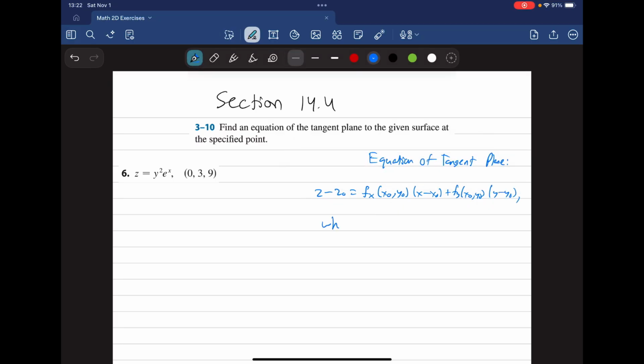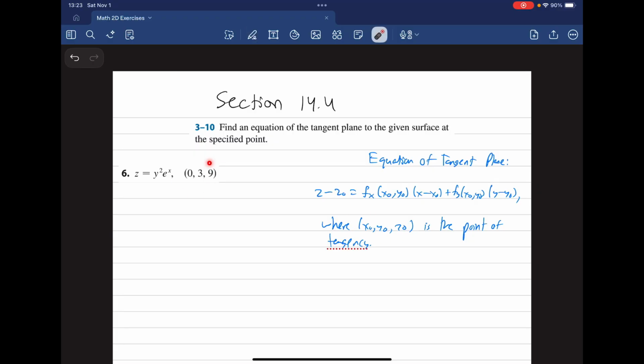And here, the point x naught y naught z naught is the point where we're computing the tangent plane. So in our case, x naught y naught z naught would be this point right here.